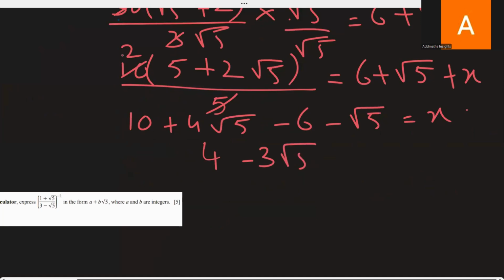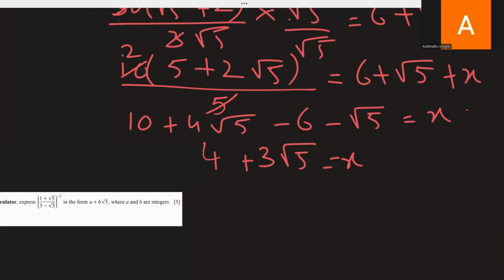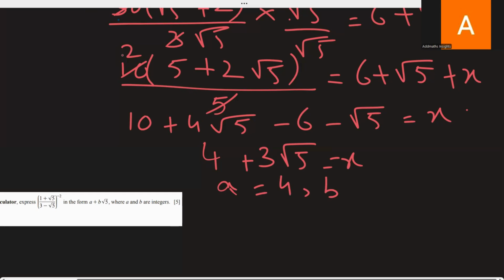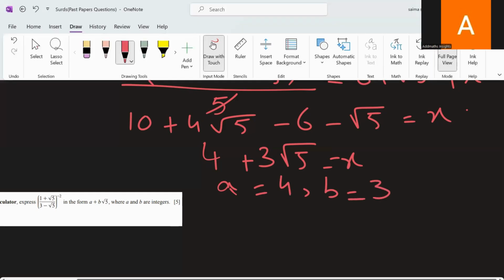So this is your final answer. So here the value of x is 4 plus 3 under root 5, and a is 4 and b is 3.